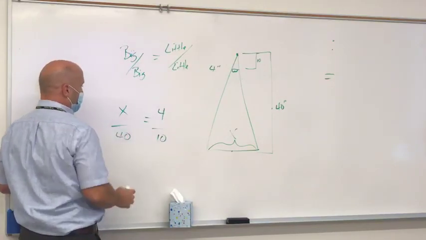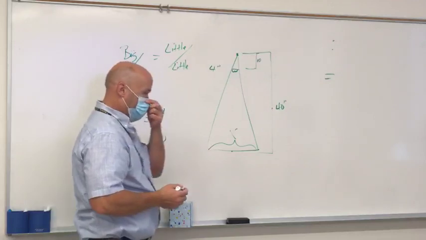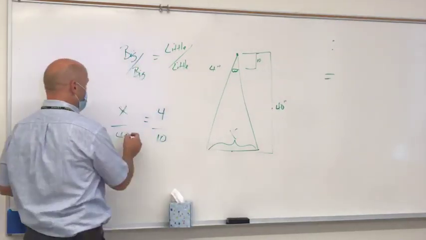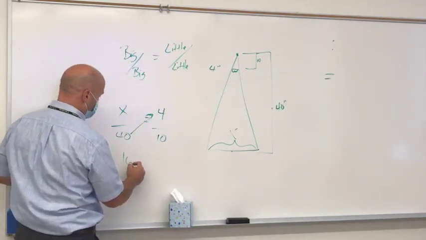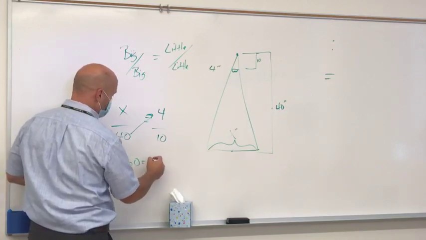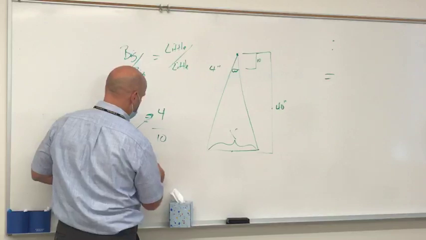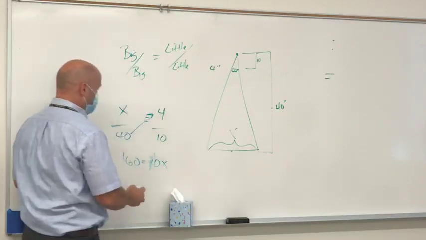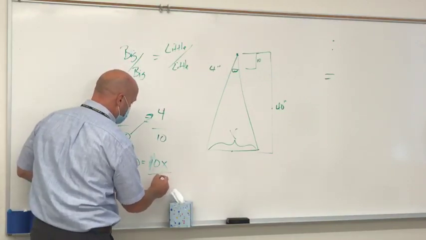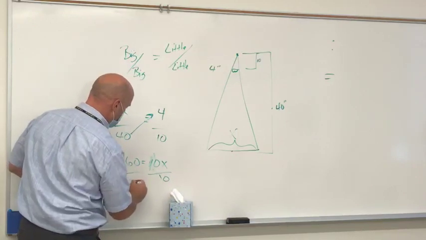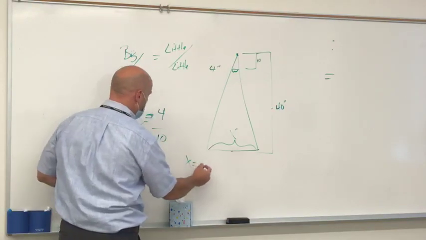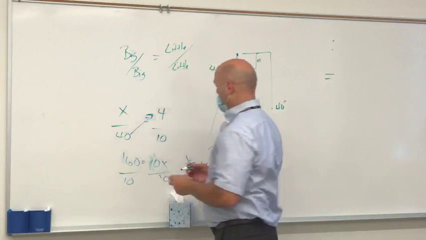So now how do I solve that? Cross multiply. So 40 times 4 would be 160 is equal to 10x. Divide both sides by 10, so x is equal to 16.